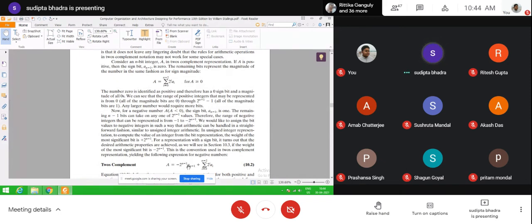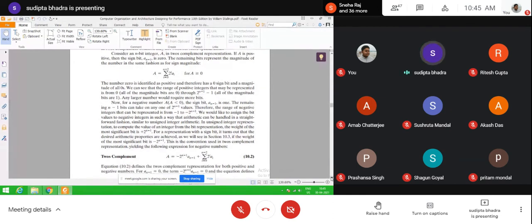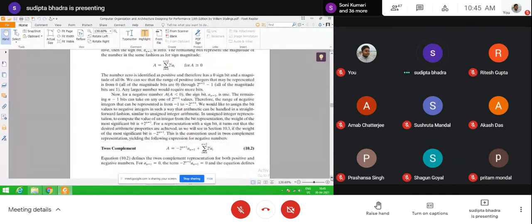Then a n minus 1 is the sign bit, and in 2's complement also, if it is 1, then it is a negative number. For this equation 10.2, please follow the highlighted part.